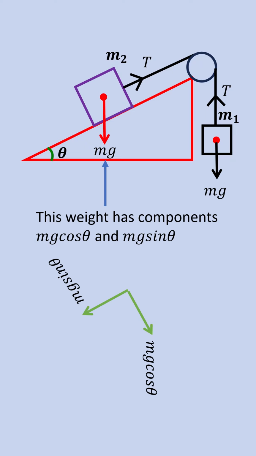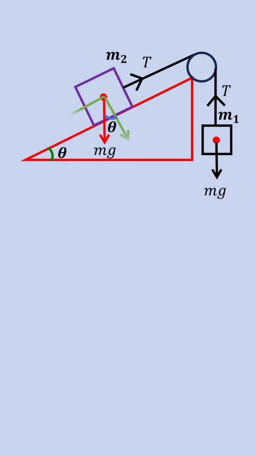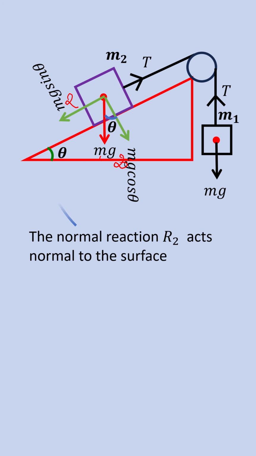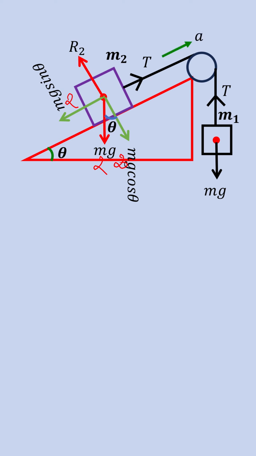This mg has two components, mg sin theta and mg cos theta. Exactly, we need to write m2 here, not m1. This is also m2, and this is also m2. Normal reaction. The direction of acceleration is rightward.